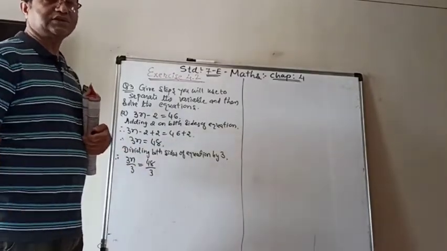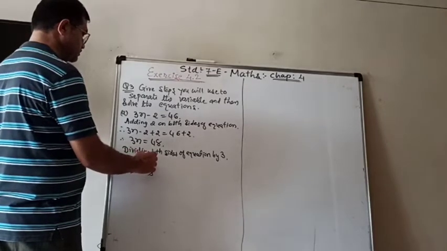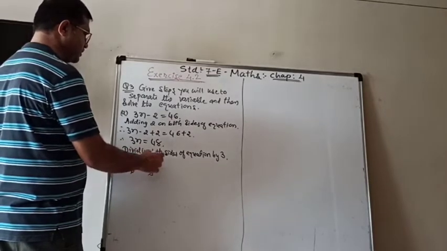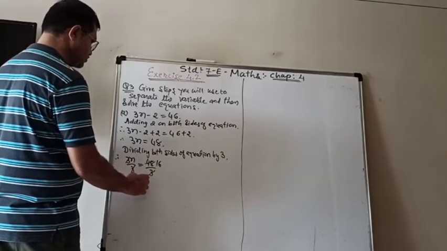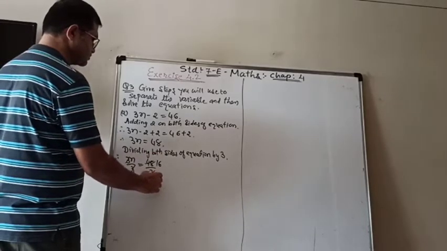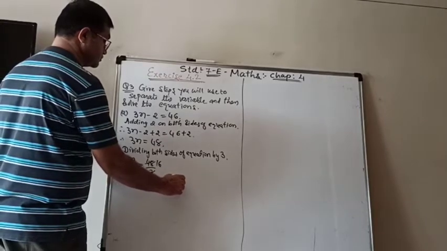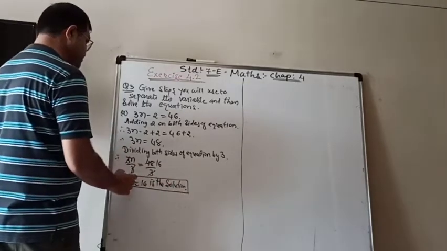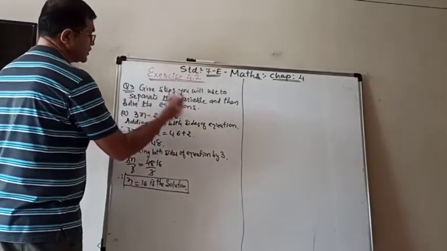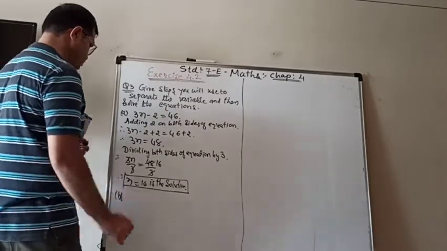Here 3 and 3 will be cancelled. 3 ones are 3, 1 remaining, 3 sixes are 18. Therefore, n is equal to 16 is the solution. So step by step, first we have to separate the variable to get the answer.